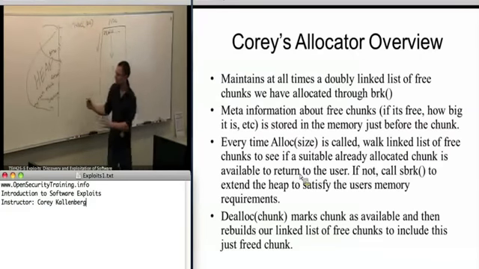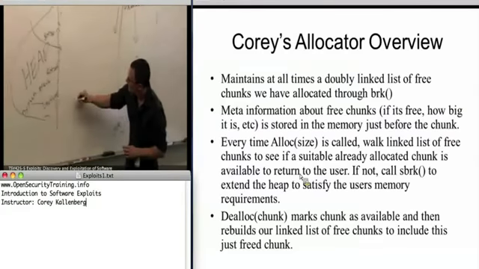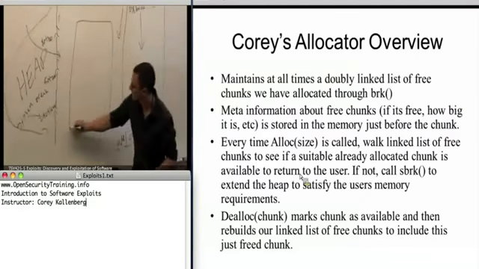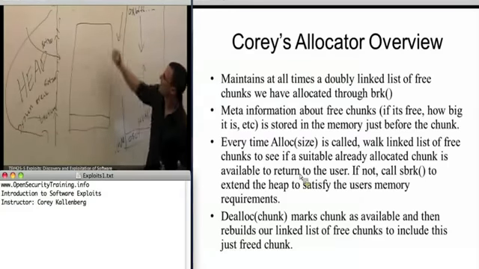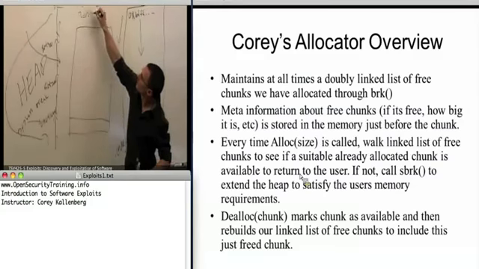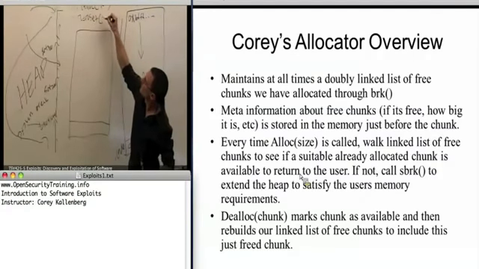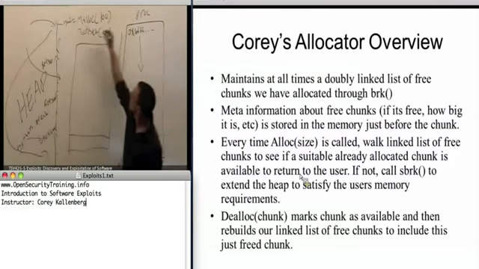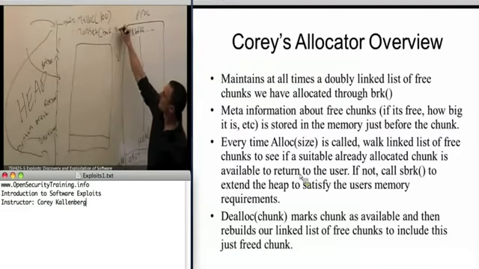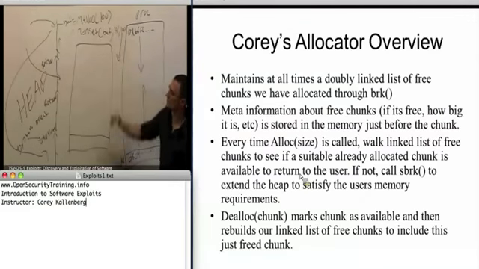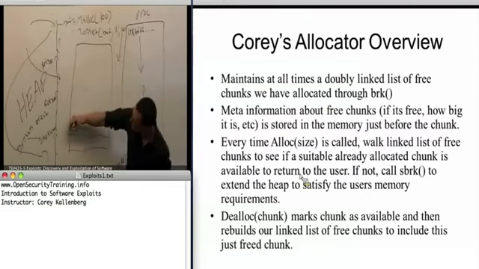What these chunks of memory look like is, I'm going to keep going upwards, and let's say the user memsets it to A, 100 times. What our chunk looks like then is all of this is the user data.